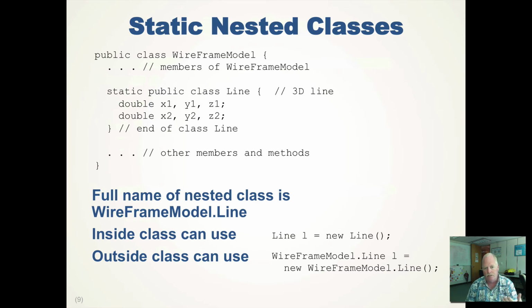And because the inner class is public, we can refer to it from the outside world by saying WireframeModel.Line line = new WireframeModel.Line. So we can create these lines outside of the class because it's public and static. We use the class name and then the class name because it's static.